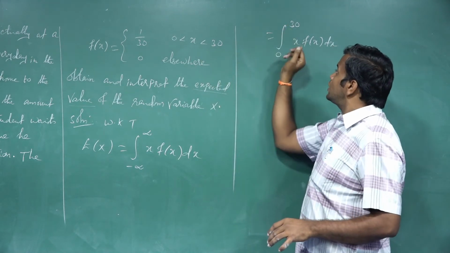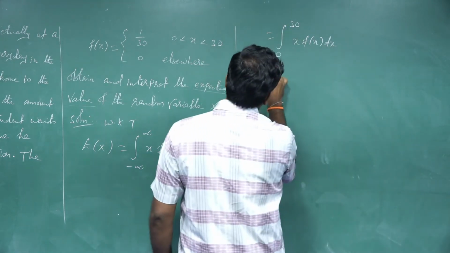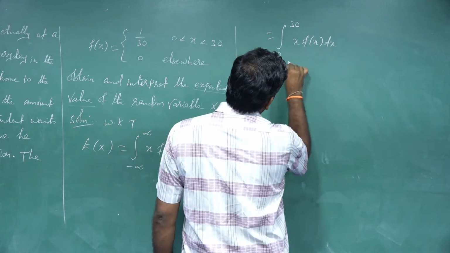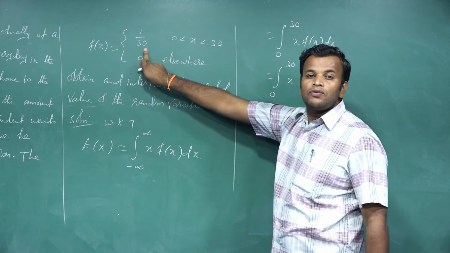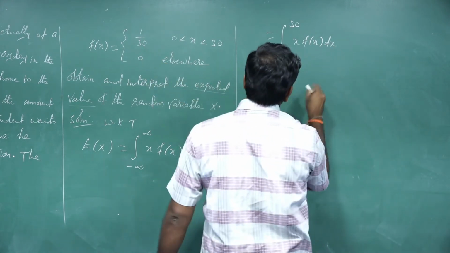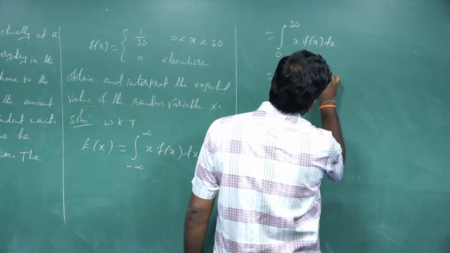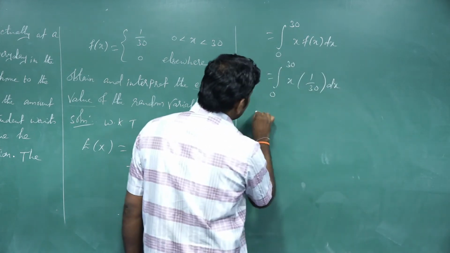So 0 to 30 x into f of x dx. In this interval, how do we define f of x? The value of f of x is defined as 1 by 30 into dx.